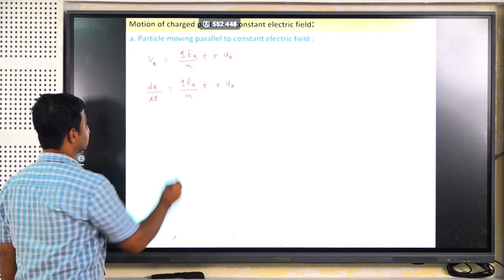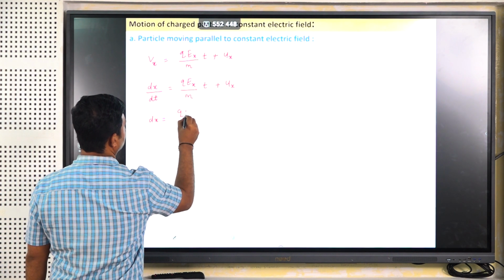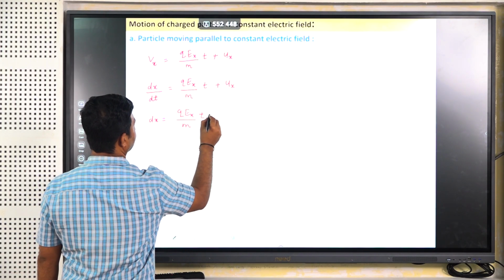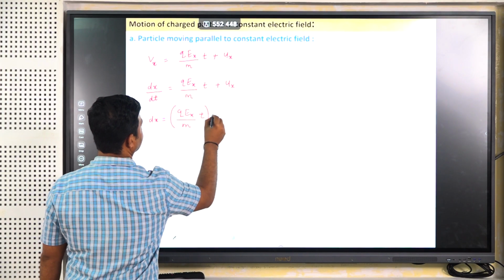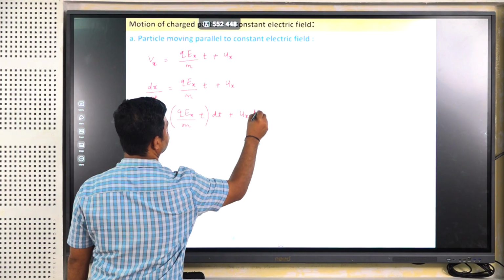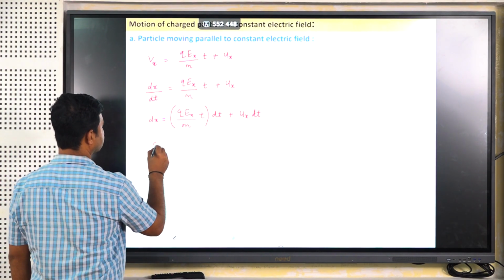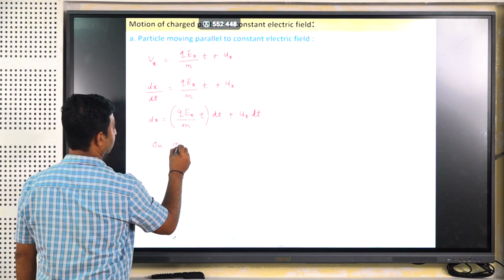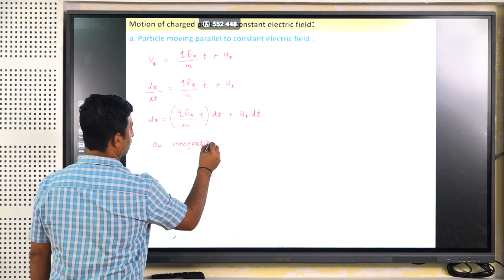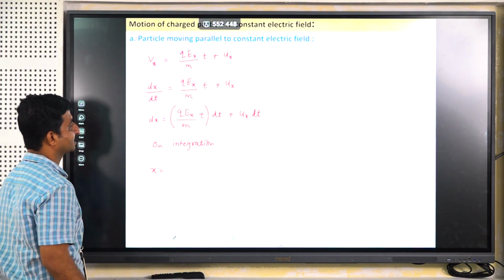We have to find x. Taking dt to the right hand side, dx is equal to qEx upon m t dt plus ux dt. We have to find x on integration. On integration, x is equal to the integration of dx.